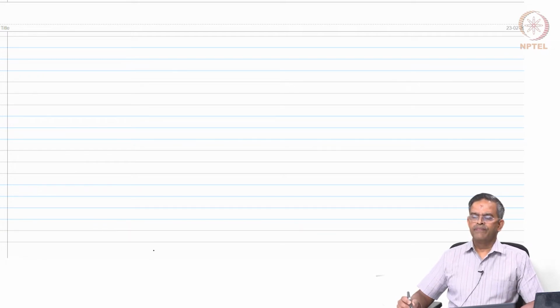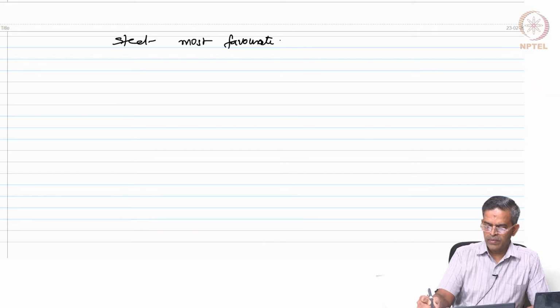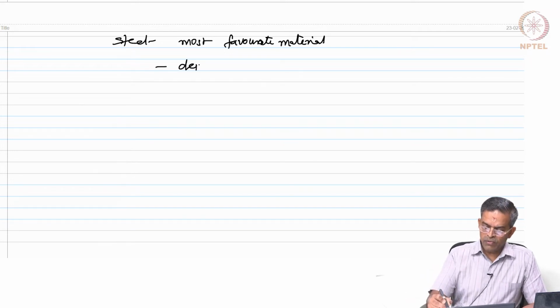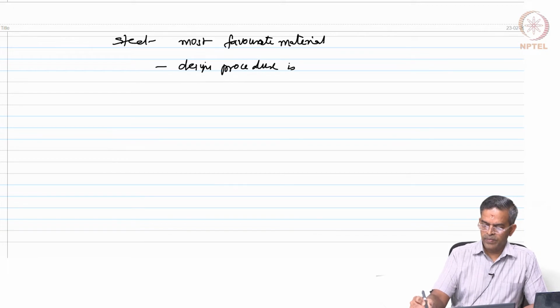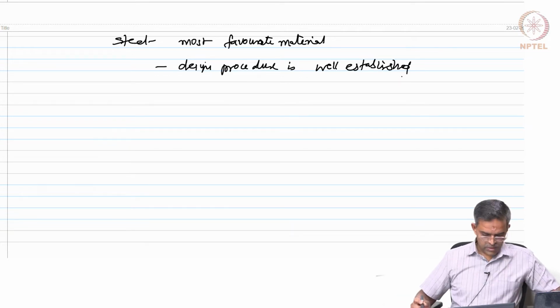Now, let us say steel is the most favorite material for construction. The design procedure for steel structures is well laid, well established. Okay.